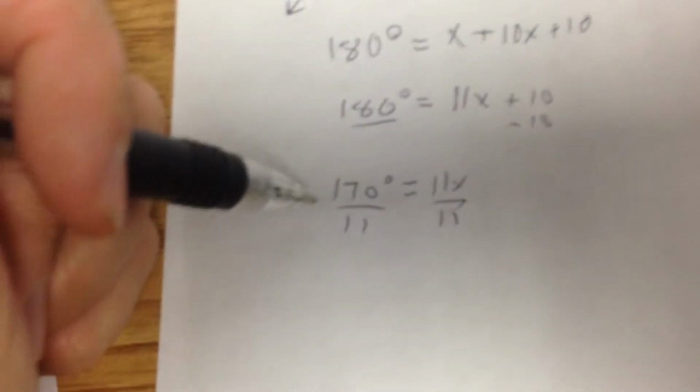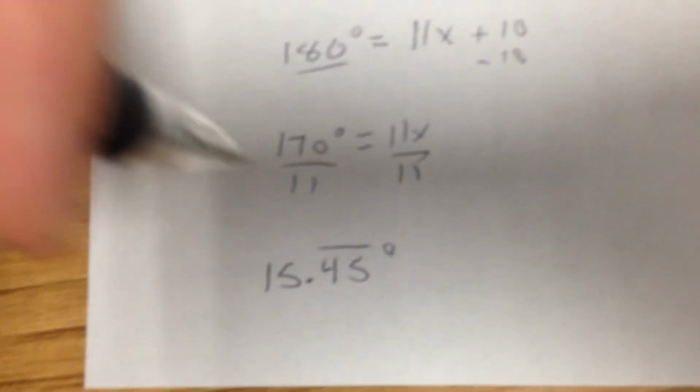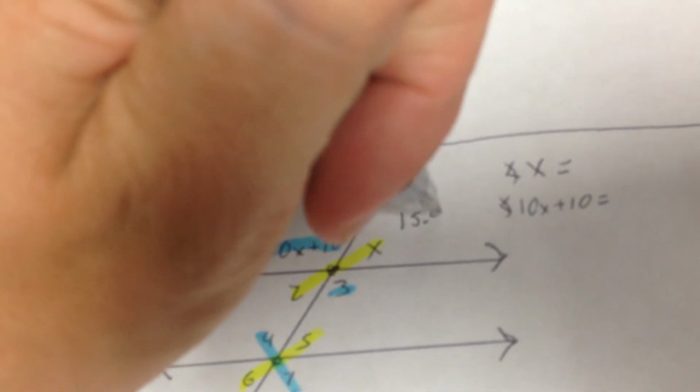Now, 170 divided by 11 is 15.45 repeating, so we'll just cut it off at 15.45 degrees. So that's going to be your x angle. So now we can go back up here and we can say angle x, you're 15.45 degrees.